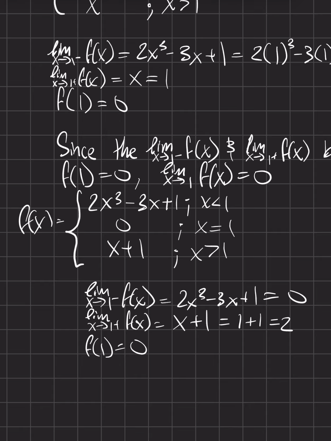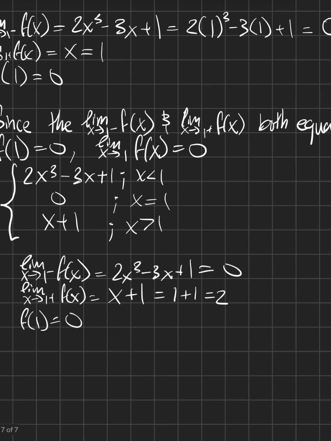And from what we remember from the rules of what it means to be continuous, our left limit and our right limit have to agree. They have to have the same value. And the value of the function at that specific x value has to be equal to the left and right limit. From what we see right here, I highlighted it: our left limit is saying 0.